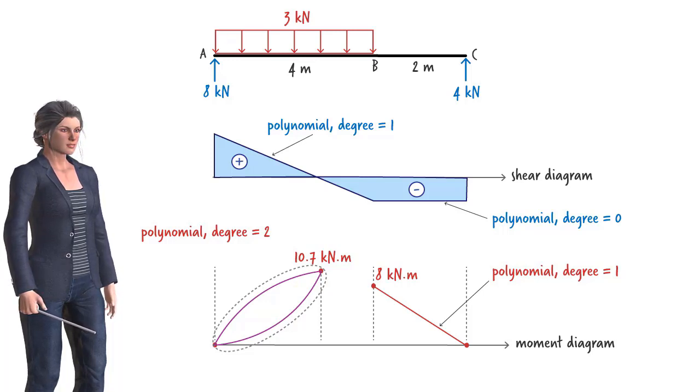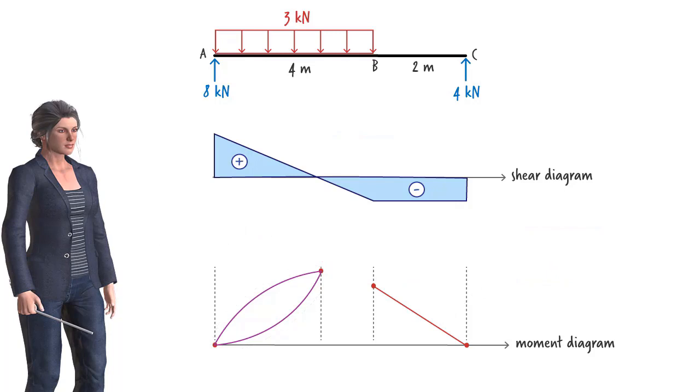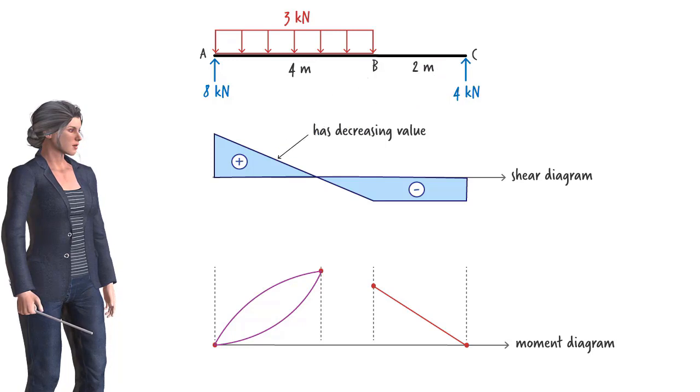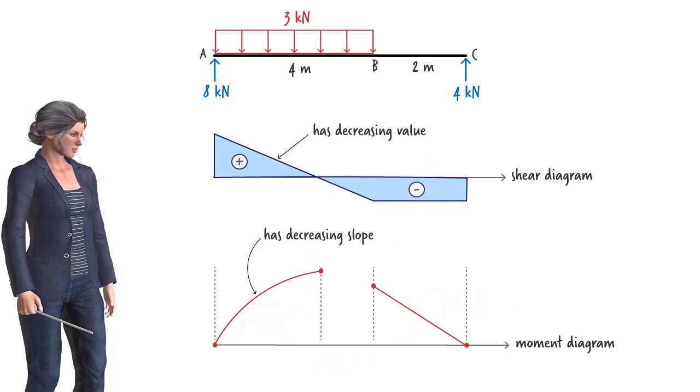However, if the shear value is increasing in the segment, then the slope of the moment diagram should also increase. In this case, shear is decreasing in value from left to right. Therefore, the slope of the moment diagram must decrease from left to right. Hence, this is the correct curve.